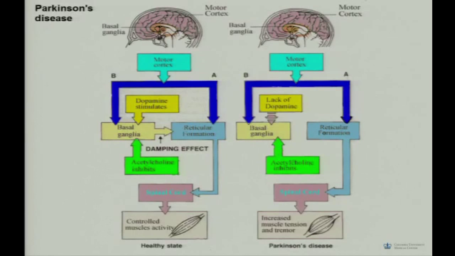And classic Parkinson's dysfunction, or Parkinsonian dysfunction, is something called dyskinesia, okay, and tremor. And dyskinesia is really a slowing down of motor function. Everything becomes very slow.